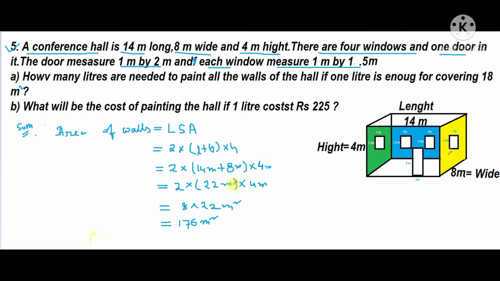So here now next we'll write the remaining area of the walls that need to be painted. Here we'll write area of the walls.